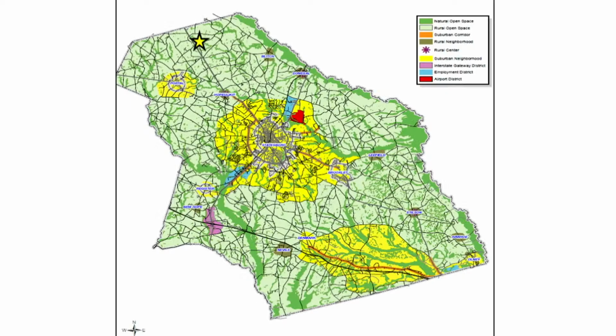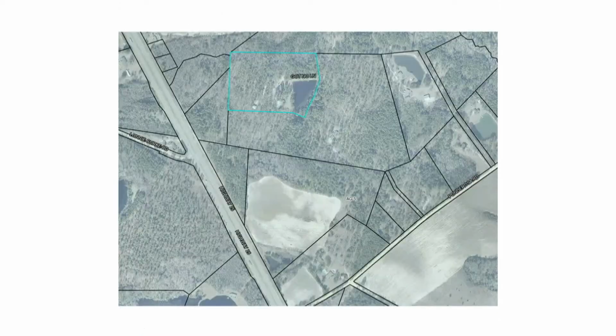But this property is located near Highway 25. Again, Got No Lane is a private drive accessed through an easement. But this is in the north part of Bulloch County. Ponderosa Road off of Highway 25 is the access point to the property.